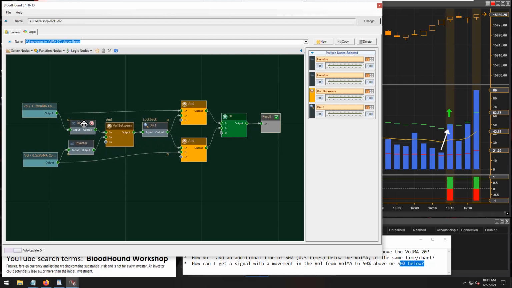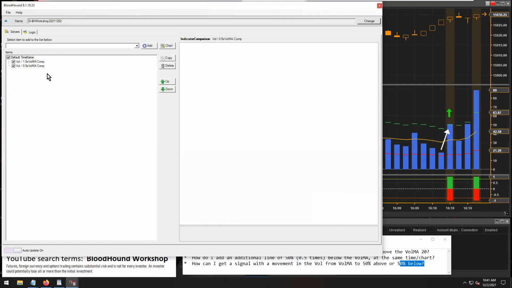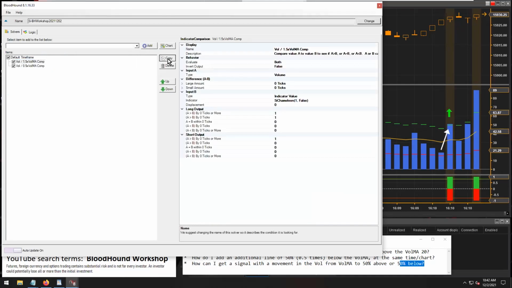So if you wanted to create a narrower range, well, what the heck, it won't take long to make. Let's just go ahead and make this here. So if we want to make a narrower range, I'm just going to copy both of these solvers here. And so let's do something like this. All right, there. So we're going to make a range that's 1.25 times to 75%.